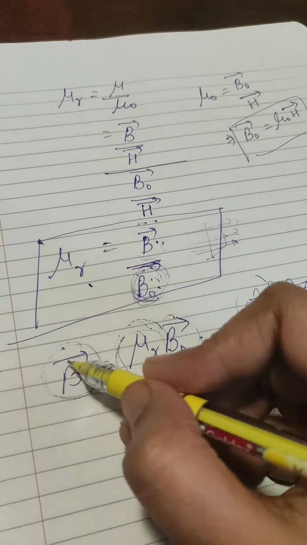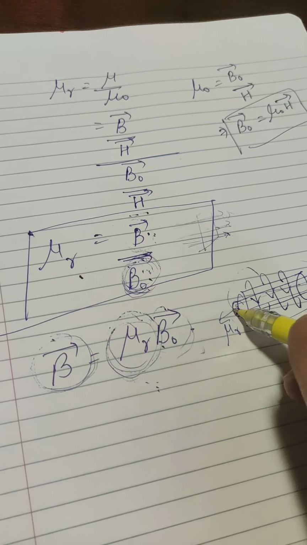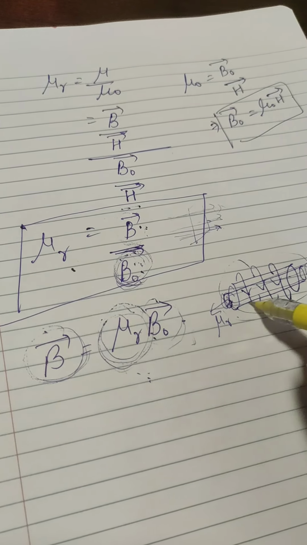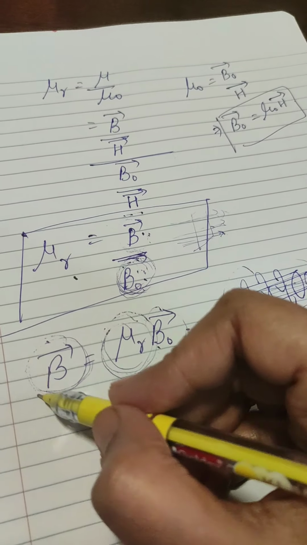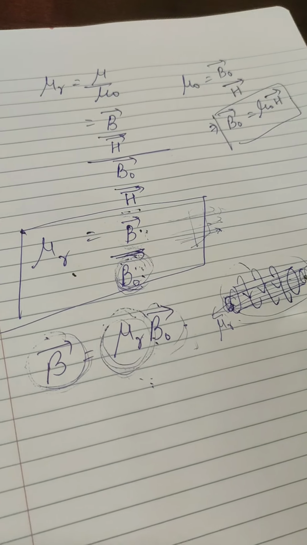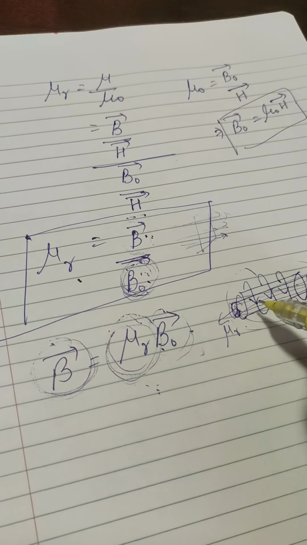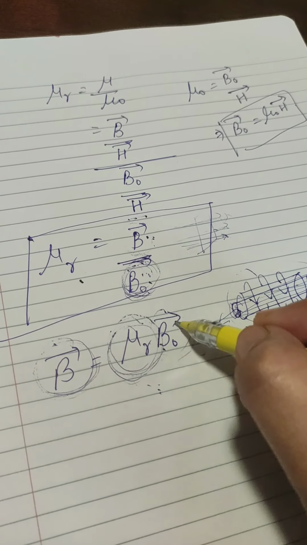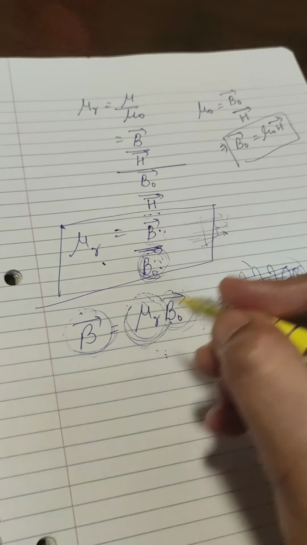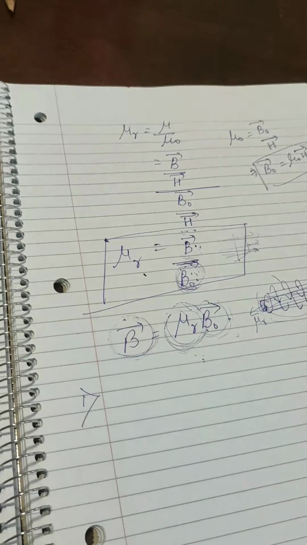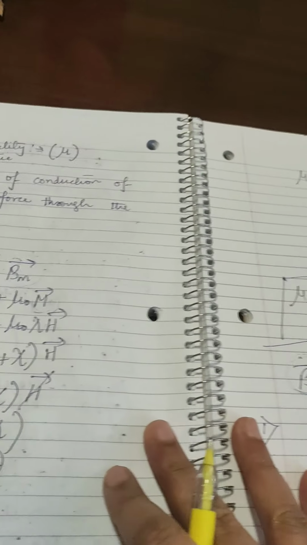The magnetic flux density in the substance, the iron core in case of a solenoid, developed when placed in an external magnetizing field, is mu r times the magnetic flux density developed in vacuum when placed in the same field. So let us jot down the relations we have learned so far.